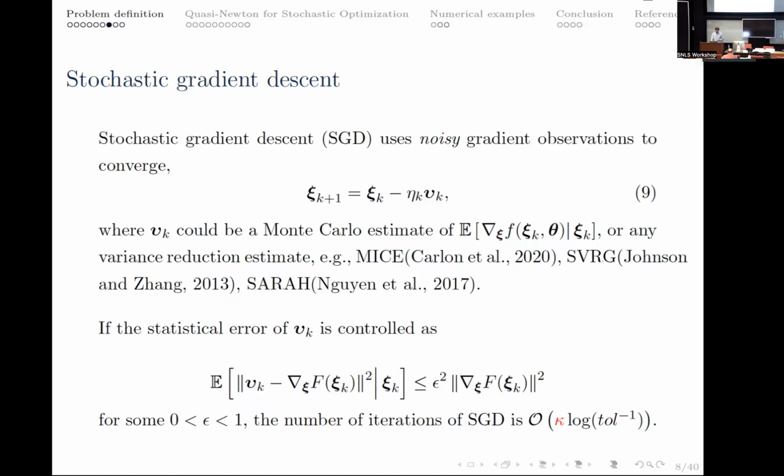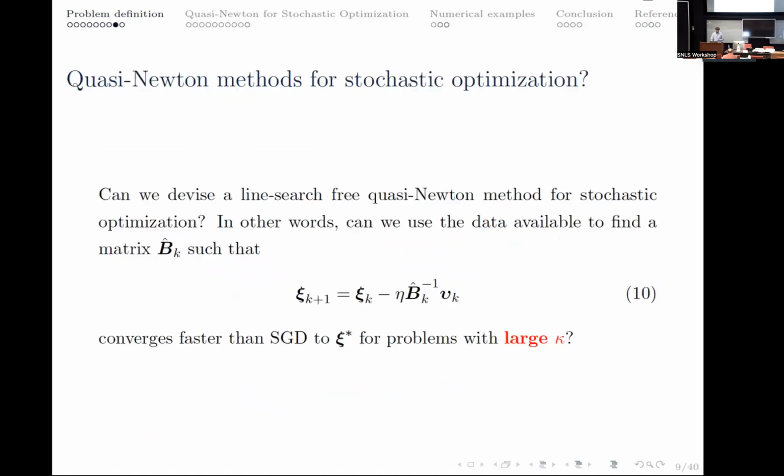What can we do? Can we devise a line search-free quasi-Newton method for stochastic optimization? Can we use this information that we have available to derive some approximation, some matrix here, to precondition our gradient estimate in order to make SGD faster? Especially, we want to avoid this slow convergence problem that we have when we have large condition numbers.